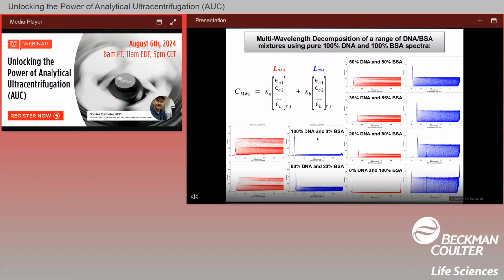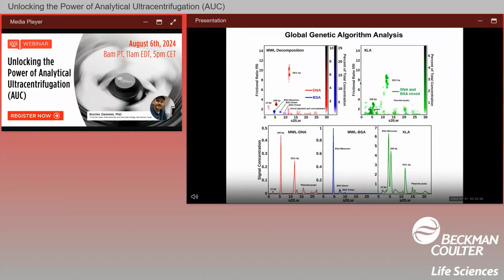When we analyze all of this, we end up with a two-dimensional plot in two different colors, DNA in red and protein in blue, that tells us where the molecules are in our mixture and what kind they are. So in this case, we know that everything in blue must be a protein. Here we have the monomer, dimer, and trimer of our BSA molecule, while in red, we see the DNA fragments of our restriction digest of a plasmid, which generates 3 different fragments.